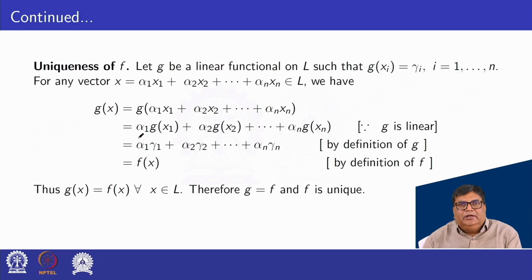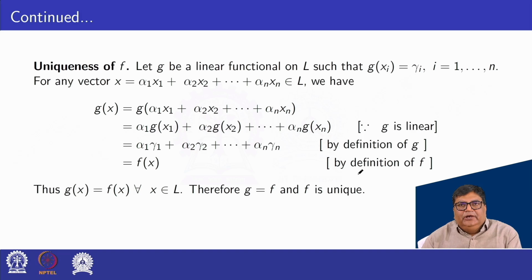This can be written as alpha 1 g(x1) plus alpha 2 g(x2) plus and so on alpha n g(xn), because g is linear. So this can be written as alpha 1 gamma 1 plus alpha 2 gamma 2 plus and so on alpha n gamma n by the definition of g. Here g(xi) is equal to gamma i.